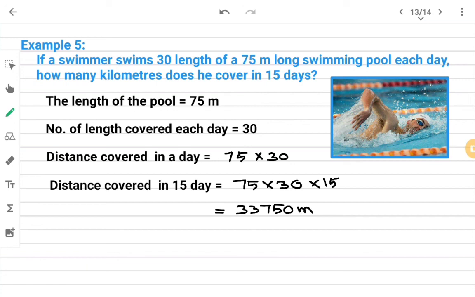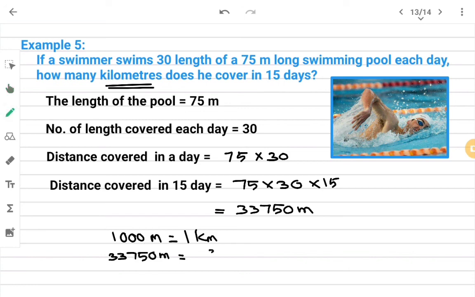What are they asking? They are asking it in kilometer. So you have to convert it. That is 1000 meter is equal to 1 kilometer. And here they given 33,750 meter. So are we going to multiply or divide? Yes, we are going to divide.